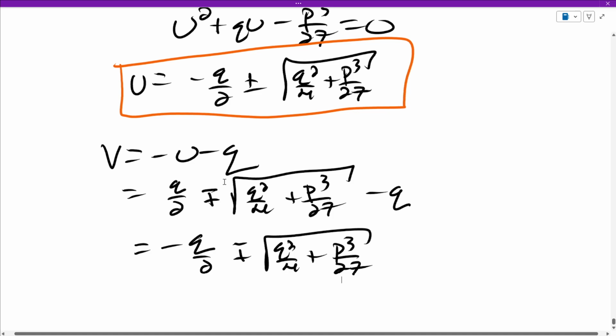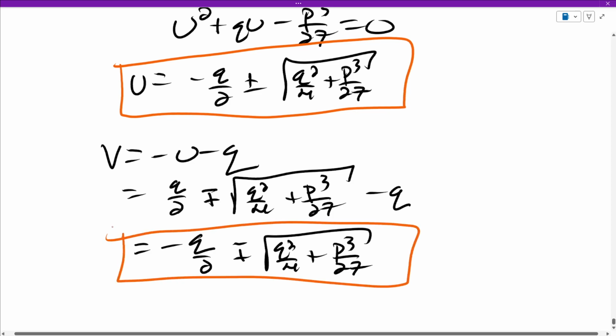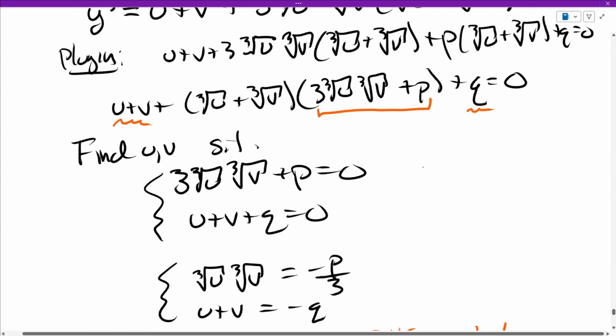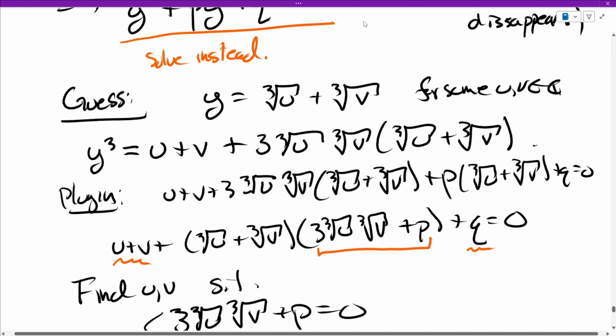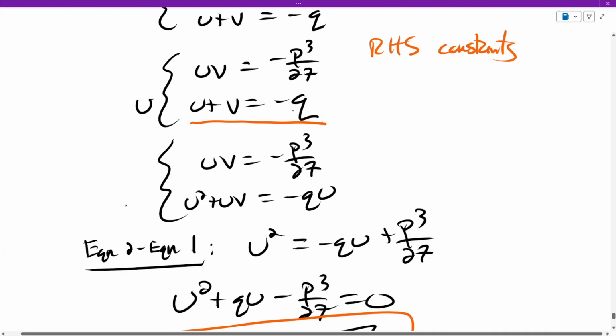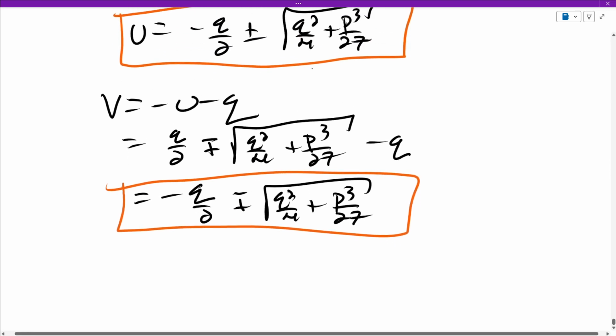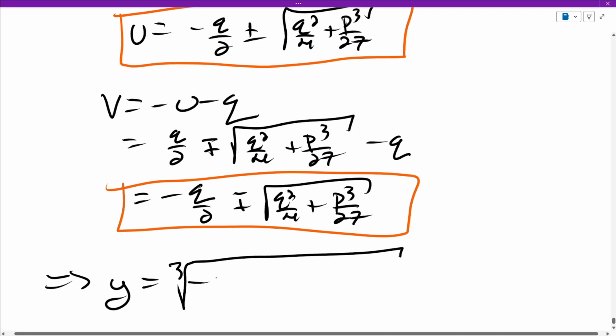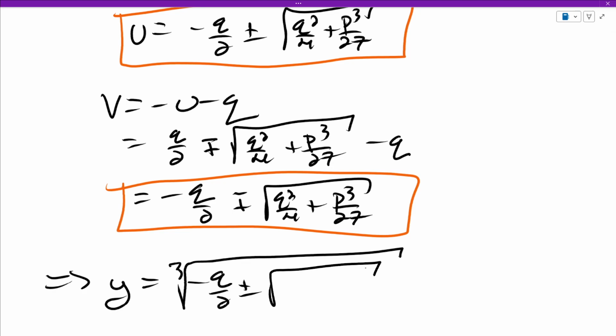All right, so we found a v now, and now we have to remember what in the world we were doing. So let's scroll up for a second here. What were u and v? Yes, we guessed that our solution was y is the cube root of u plus the cube root of v. And if we could find a u and v that make that work, then y would be the sum of their cube roots. So then y is the cube root of u, which we learned how to take roots of any complex number, and then plus the cube root of v.